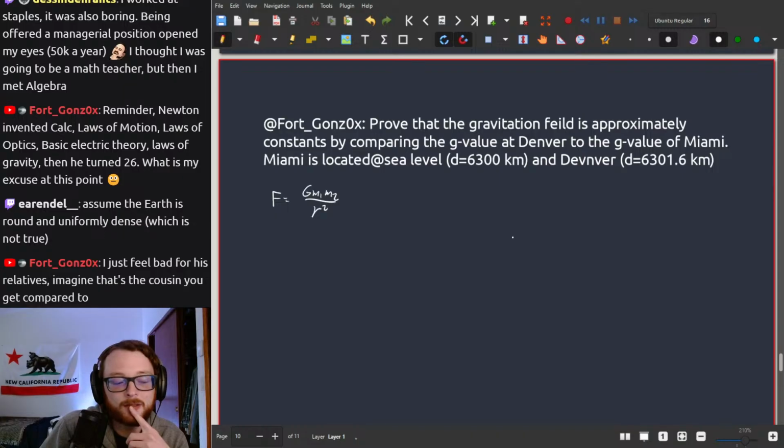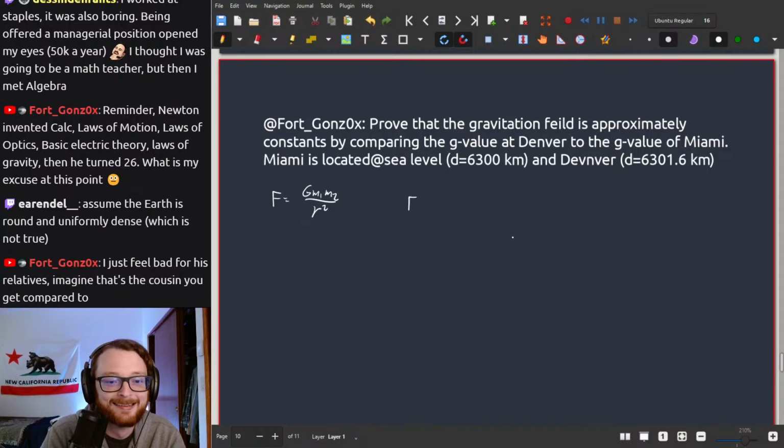I guess we can actually just plug in some numbers here. I think the cleanest way to do this would be to calculate.